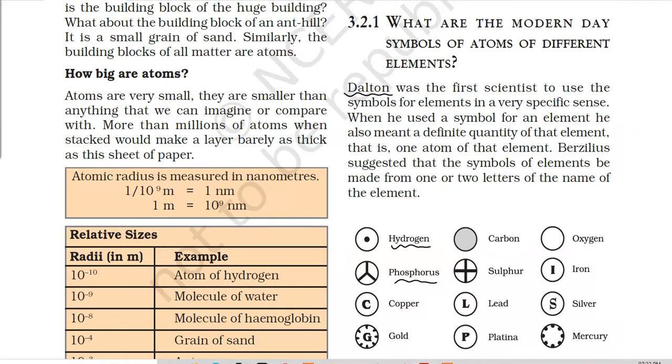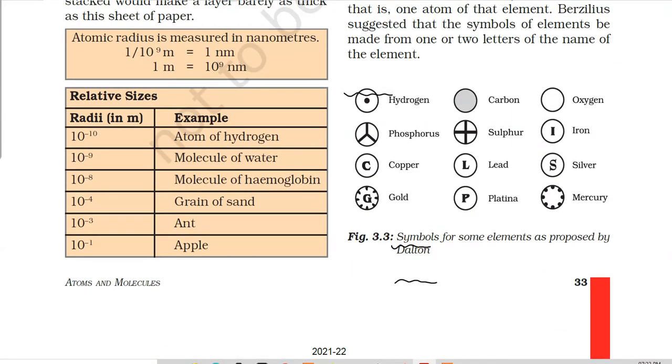But later, one more scientist, Berzelius, came and suggested that the symbols of the elements can be made from one or two letters of the name of that particular element, and those letters can be used to represent the element.